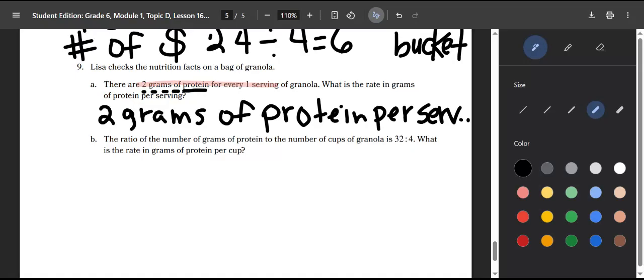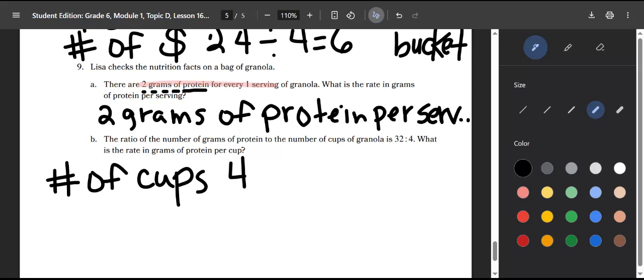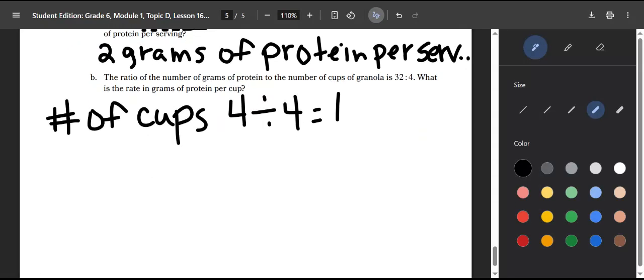So for the number of cups of granola, I'm going to do 4 divided by 4, get that down to 1 cup of granola, and then the number of grams of protein.